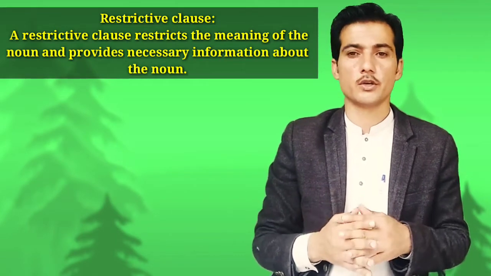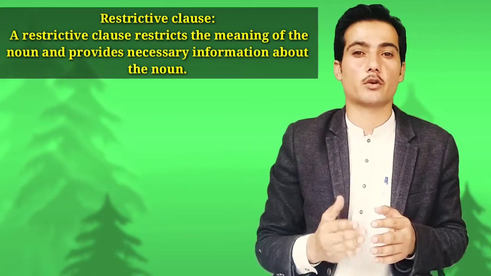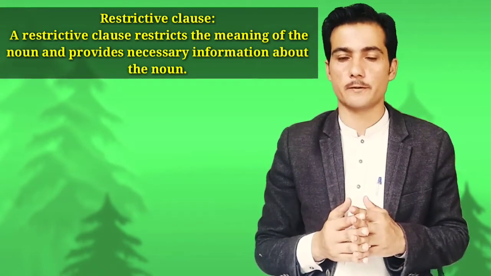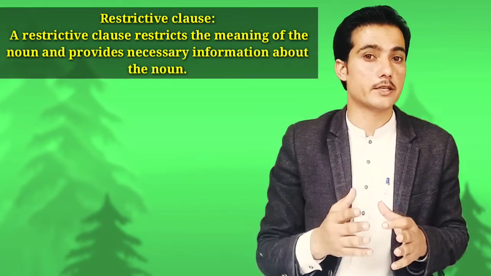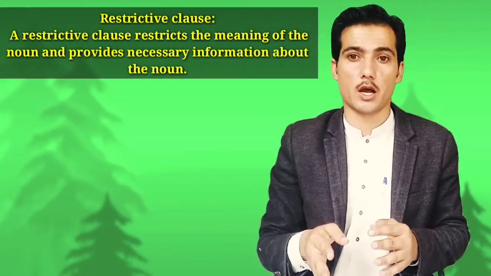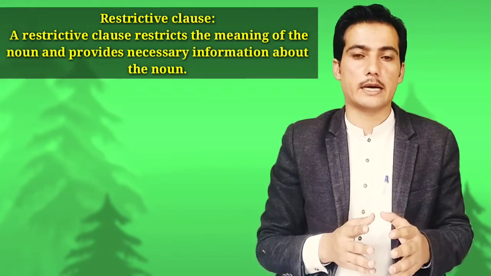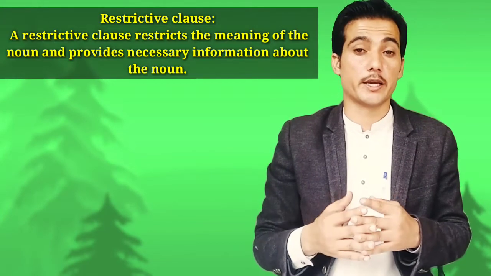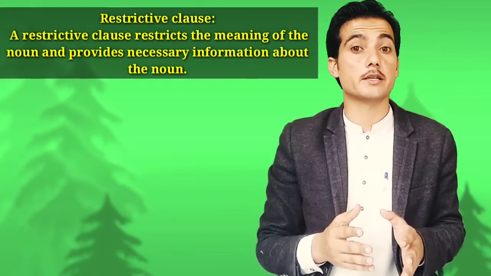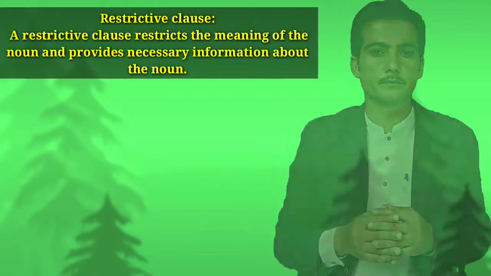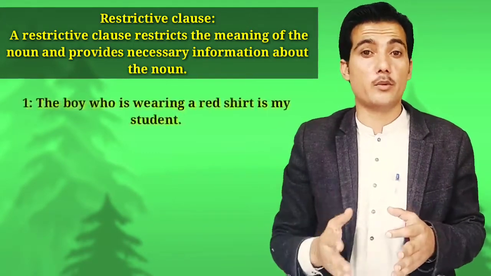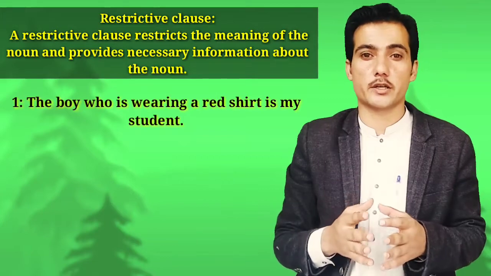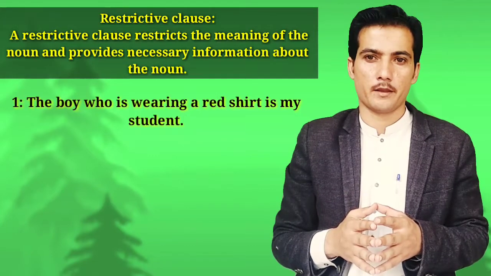In simple words, you can say that a restrictive clause is that kind of clause which provides essential information about the noun. If you put aside that information from a sentence, it will create ambiguity in the minds of others. For example, the boy who is wearing a red shirt is my student.